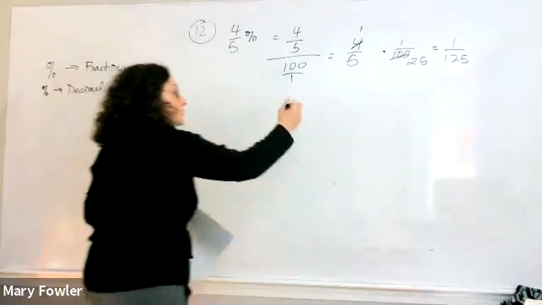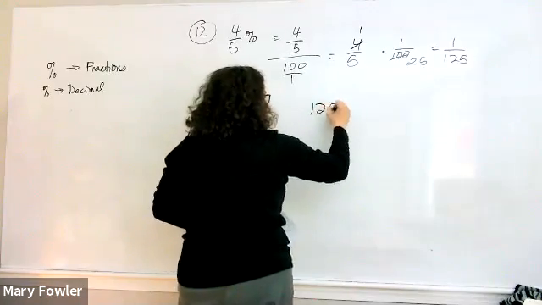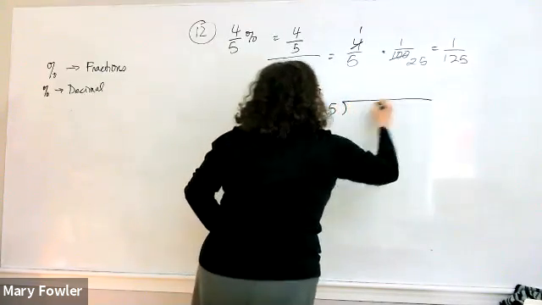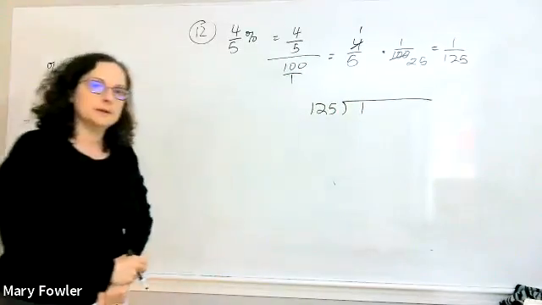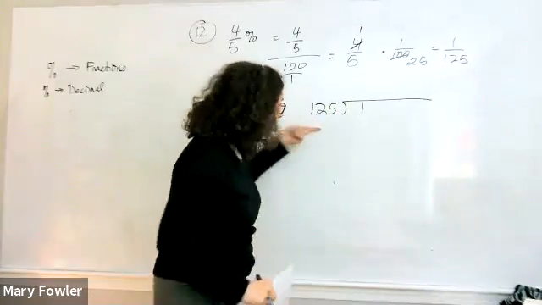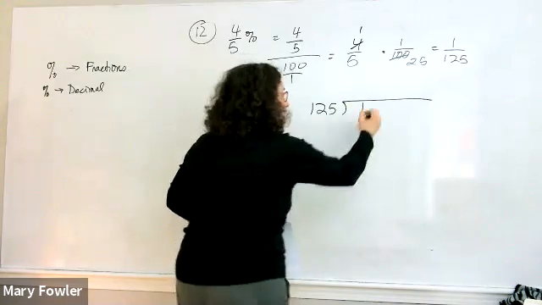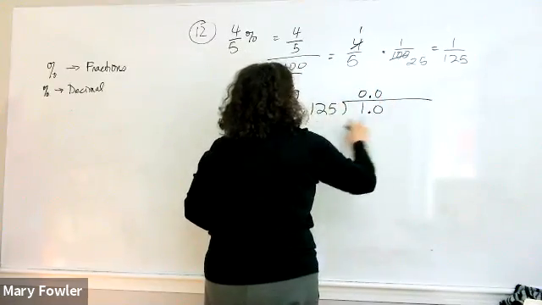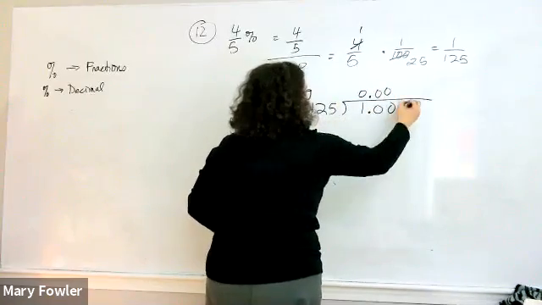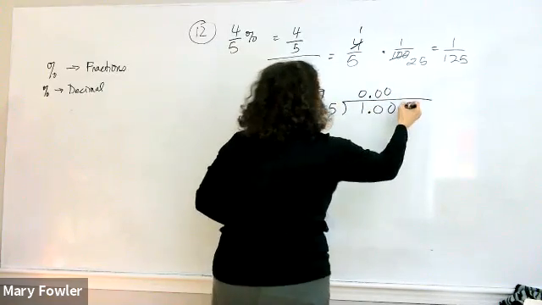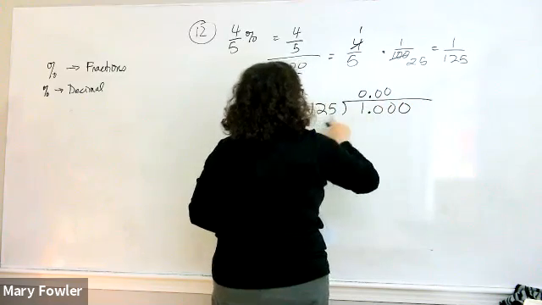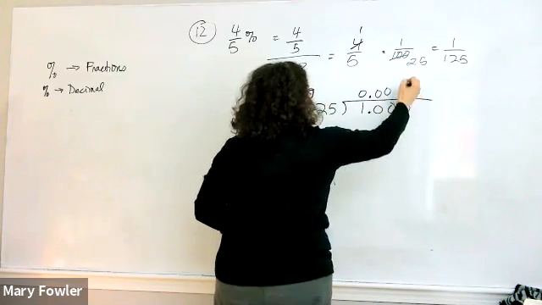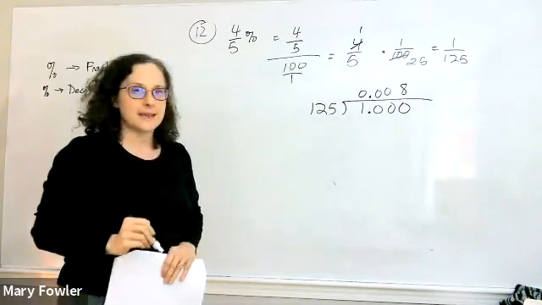So in order to write this as a decimal, we're going to do this division, right? 125 divided into 1. So we have to add zeros until we get a number big enough to go in. So 3 zeros. And 125, it turns out, goes into 1,000 8 times.